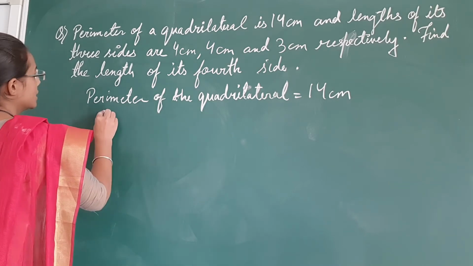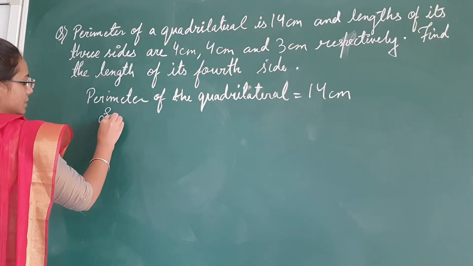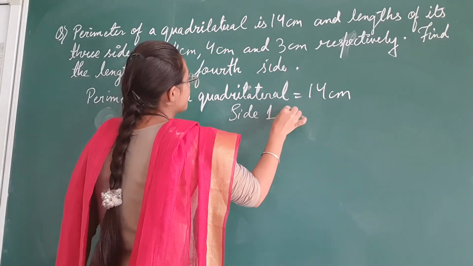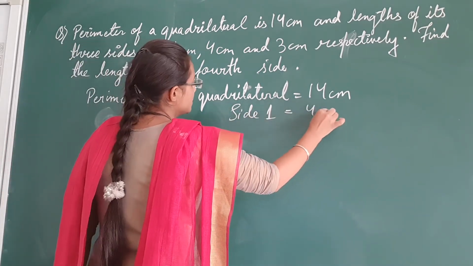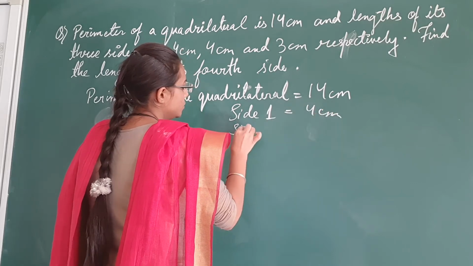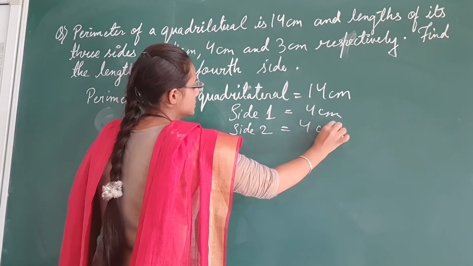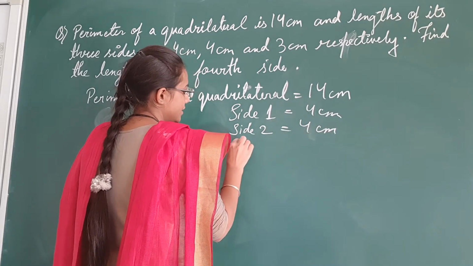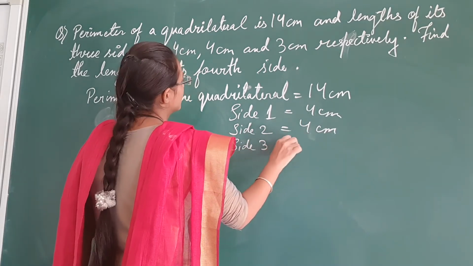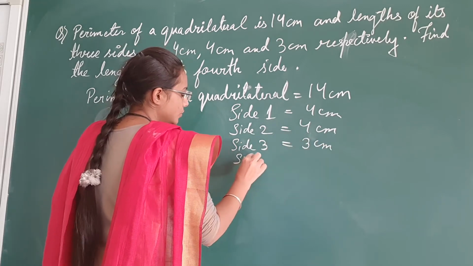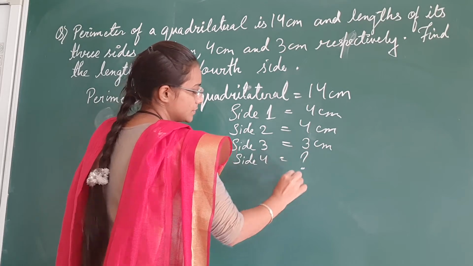Then it has been given side 1, 4 centimeter, side 2, 4 centimeter, side 3, 3 centimeter, and side 4 we have to find out.